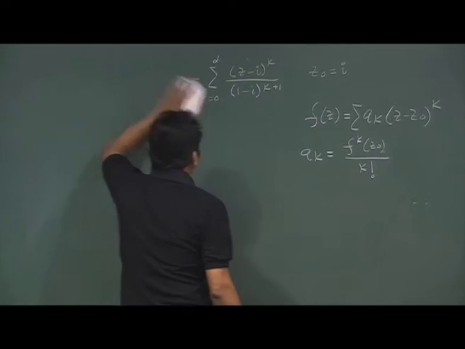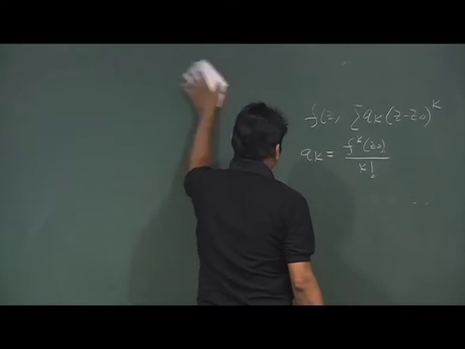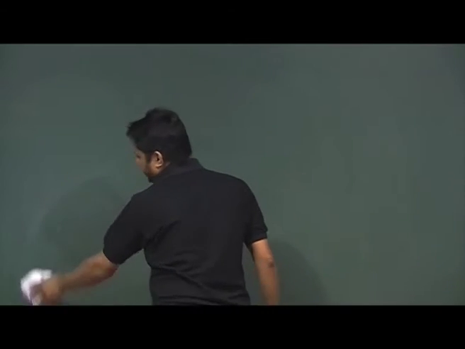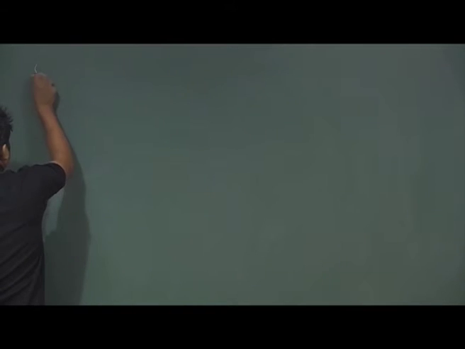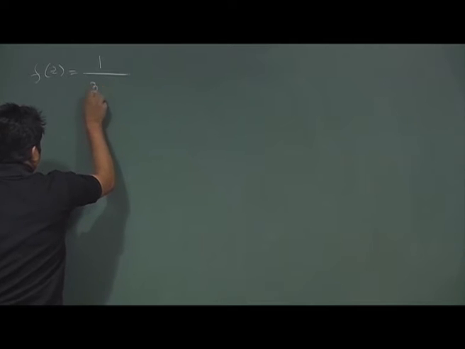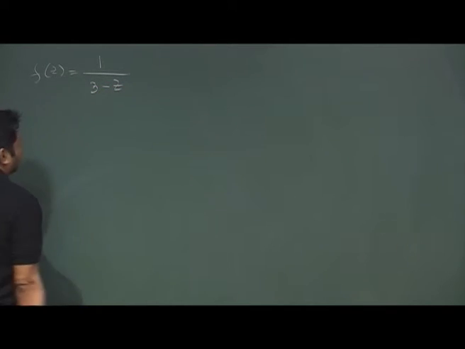Okay. So, now we go to our next few problems where we need to find the Taylor series expansion and the corresponding Maclaurin series if there is one. Let us take another straightforward example: f(z) equals 1 divided by 3 minus z.